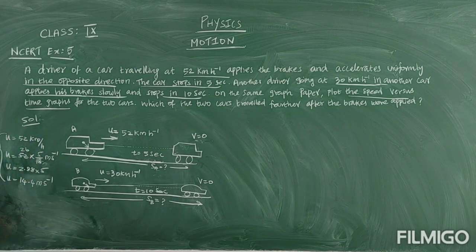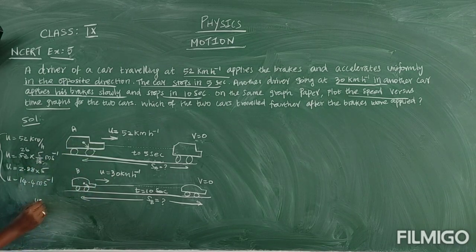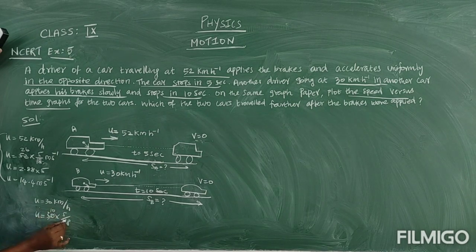Okay, like that for car B. Listen, for car B, 30 kilometer per hour. So u is equal to 30 into 5 by 18. We can use the third table: here 10 times, here 6 times will come. So we can write 10 into 5, 50.